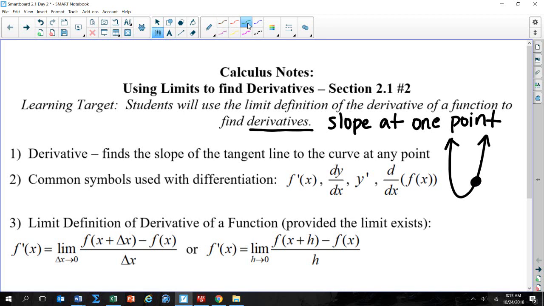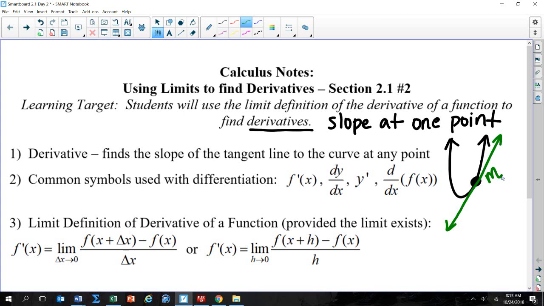A tangent line just comes up and kisses that point and then keeps going. That's what a tangent line looks like. So what I'm finding when I'm finding the derivative is the slope of the tangent line. It's the instantaneous rate of change at that point.